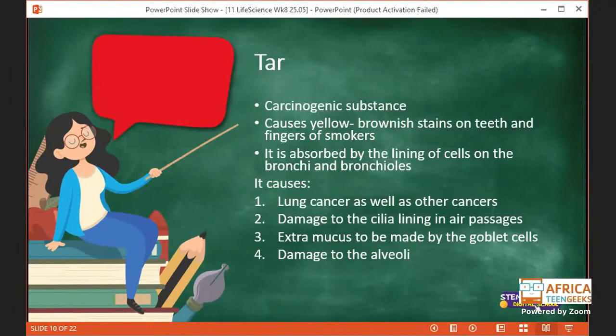There was a disease that we looked at, and we said that it is characterized by damage that happens to the alveoli. What is the name of that disease? Please do use the group chat to send through your answer. Damage of the alveoli. Okay, I have Asamat and Prashani who say TB.